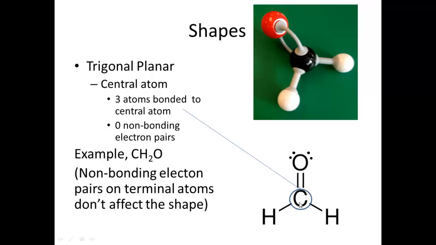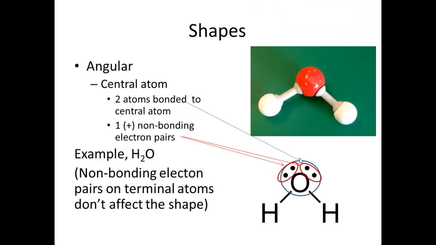So when referring to 0 non-bonding electron pairs, remember, you're referring to the central atom. The central atom carbon does not have any non-bonding electron pairs. The little note I have here: non-bonding electron pairs on the oxygen do not affect the molecular shape.